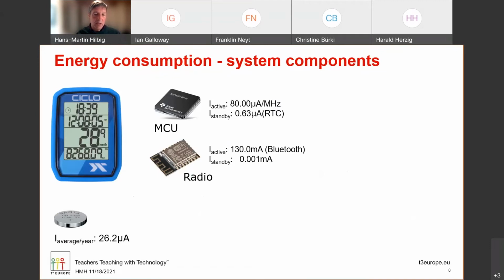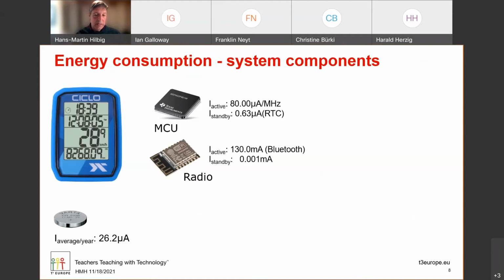I'm using this standby current particularly because the bike computer has a time unit inside, so it always needs to monitor the time of day. The real-time clock has to be on all the time, even if everything else is on standby. Looking at the average current for the coin cell to last 1 year, I couldn't even run this microcontroller entirely at 1 megahertz, because this would be 2.5 times the average current of this coin cell. So I need to do some tricks here already.